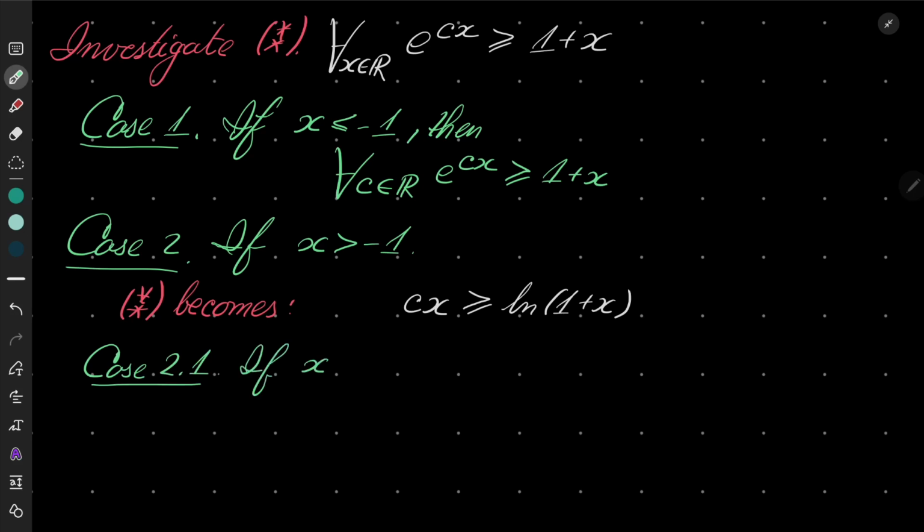Case 2.1: if my x's are from -1 to 0, then the following should be satisfied, namely c is less than natural log of 1 plus x over x.